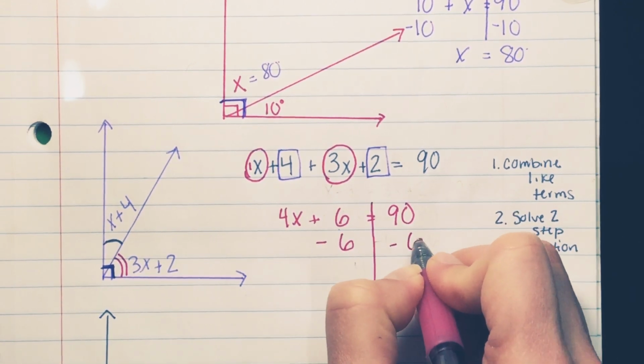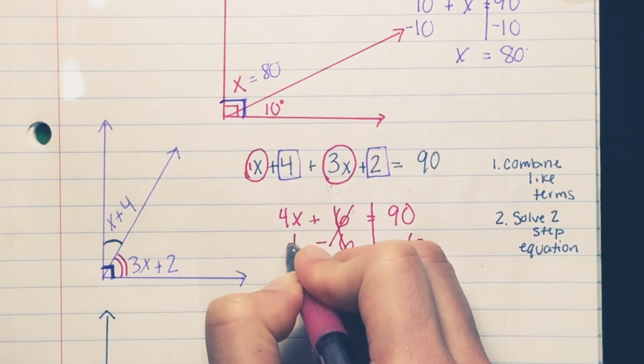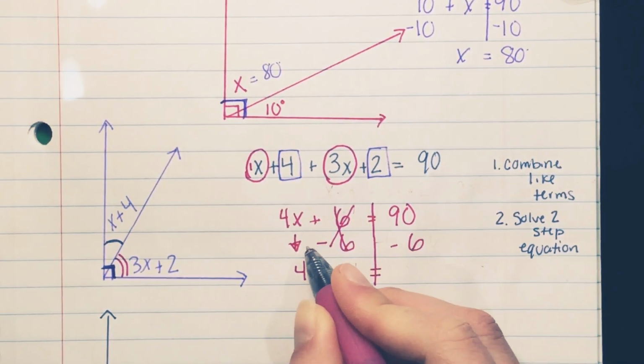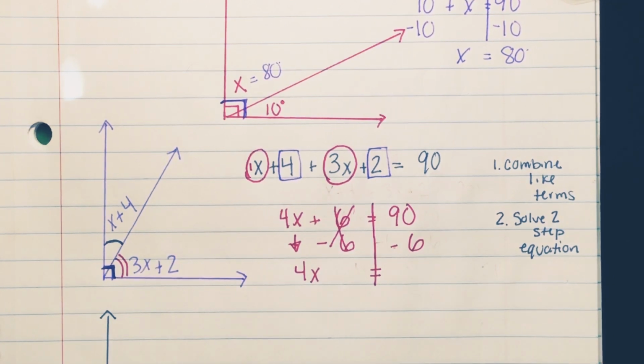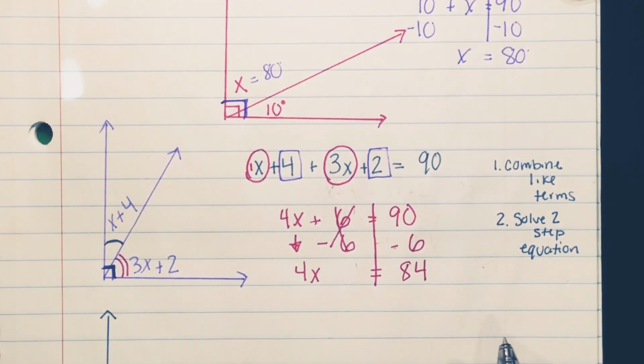Great job. So this cancels. And now what we have left is 4x equals 90 minus 6. And 90 minus 6 is 84. Now it's a one-step equation. So these two numbers are attached together, and when they're attached together like that, it's multiplication.